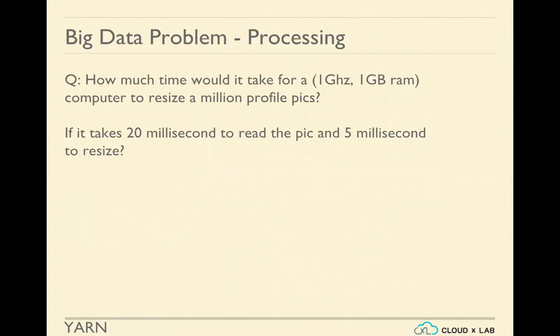All right, so in the usual format, how much time would it take for a 1 gigahertz processor with 1 gigabyte RAM computer to resize 1,000,000 profile pics? There is a computer which has a 1 gigahertz processor and 1 GB RAM. It takes around 20 milliseconds to read a pic from the disk and 5 milliseconds to resize.